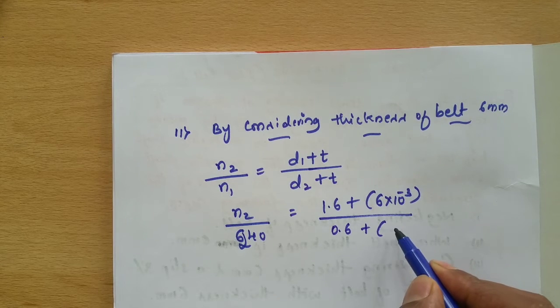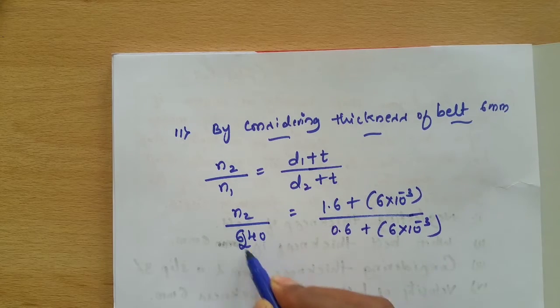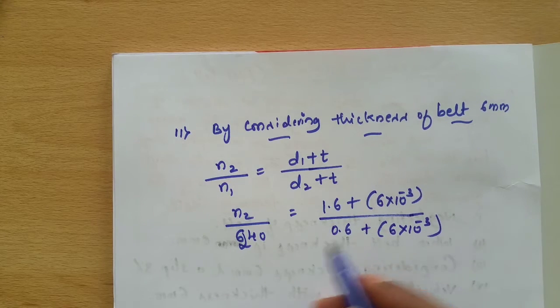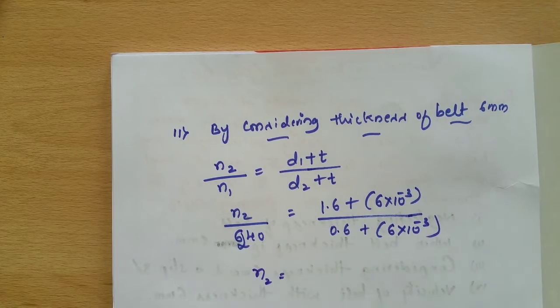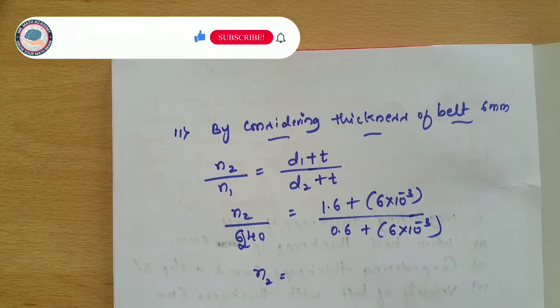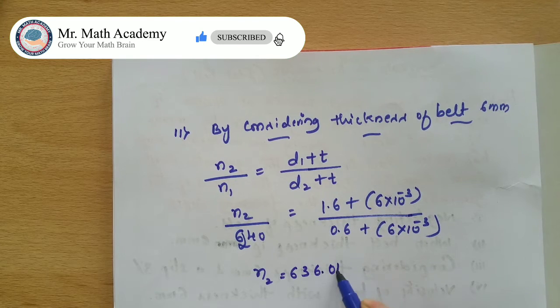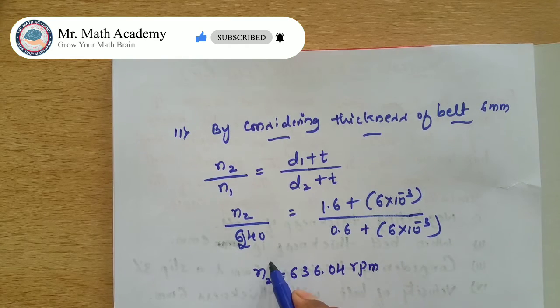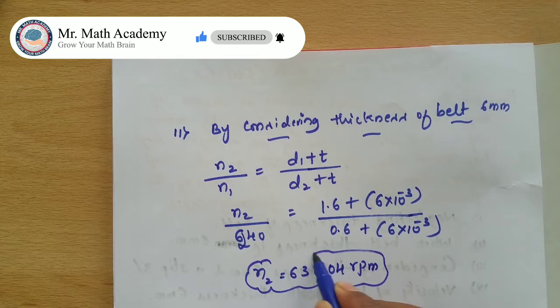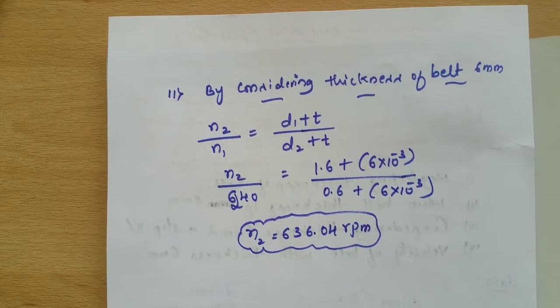Again in the denominator also we have to add 6 into 10 power minus 3 meter. Now we just cross multiply and simplify. So we are getting N2 equal to 636.04 rpm. This is the speed of the driven member when the thickness of the belt, which is 6 mm, is considered.